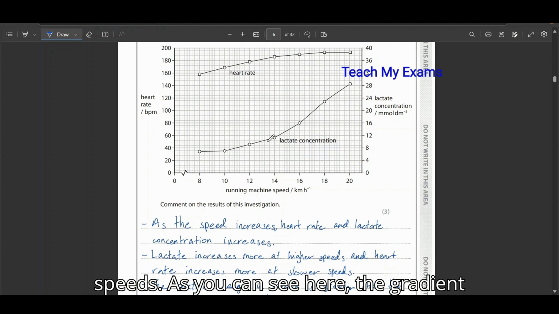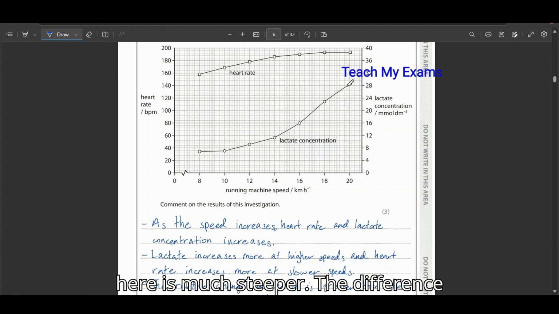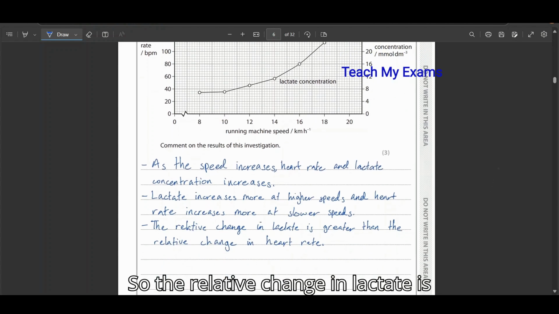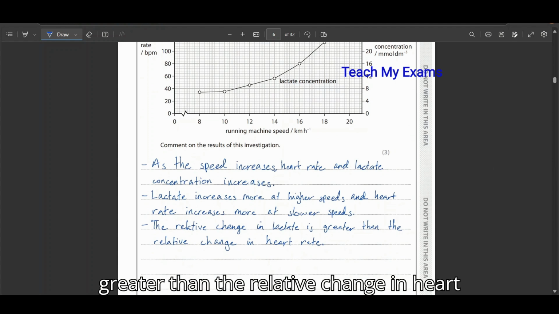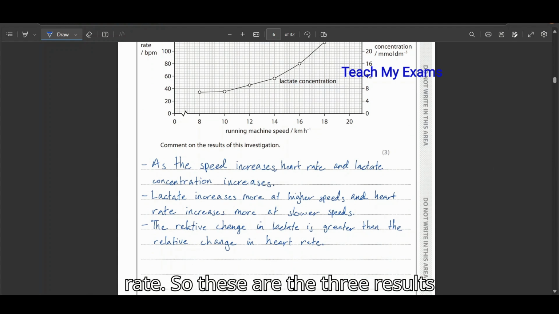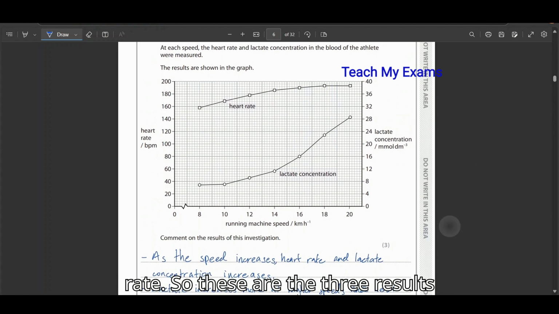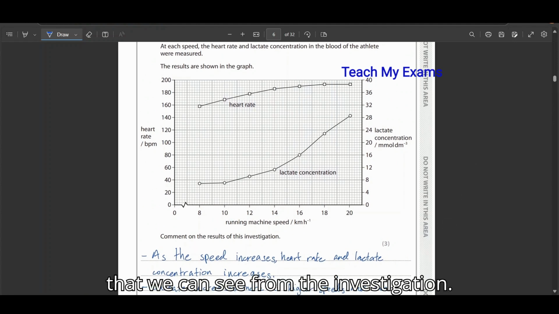The gradient here is much steeper. The difference is more dramatic than the difference between the heart rates. So the relative change in lactate is greater than the relative change in heart rate. These are the three results that we can see from the investigation.